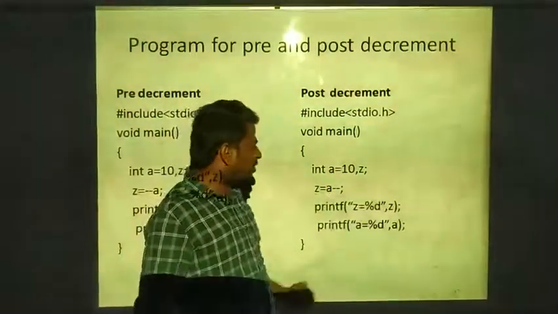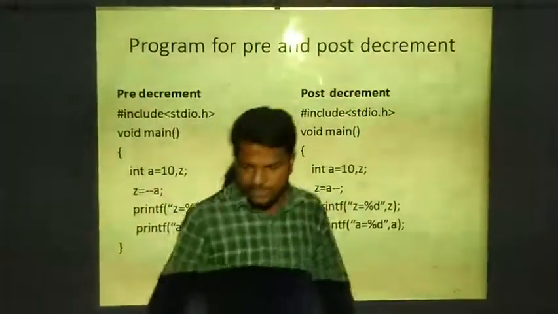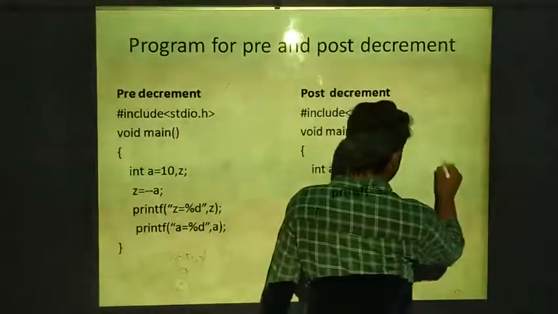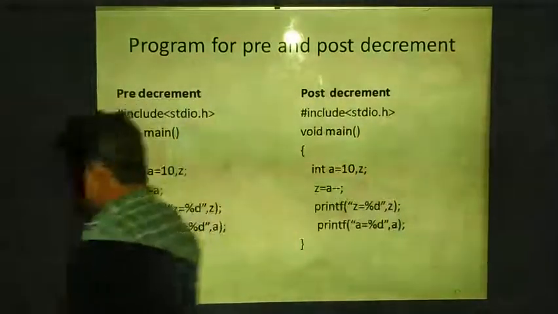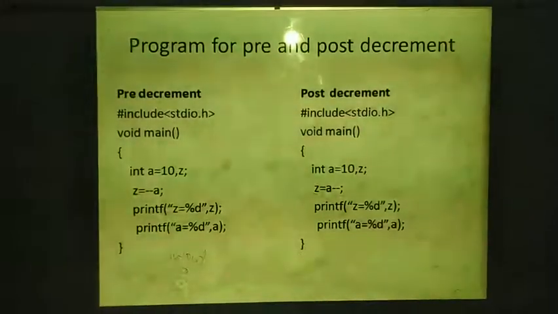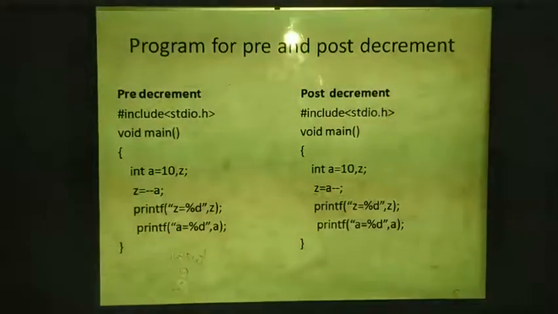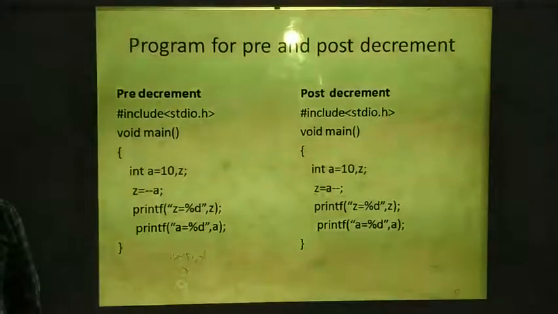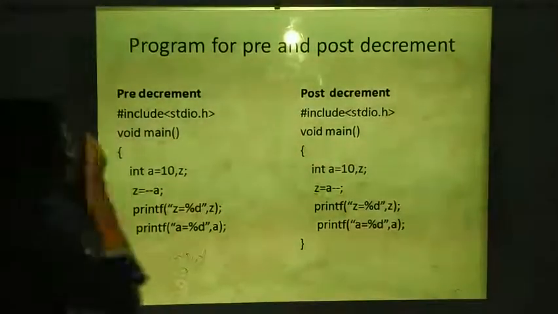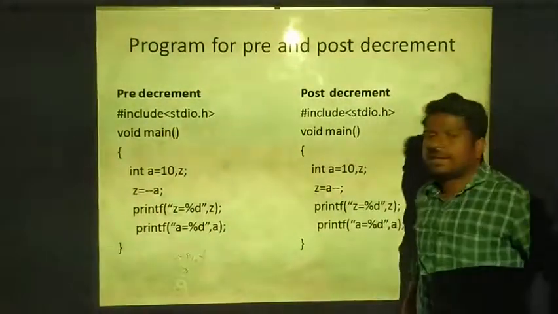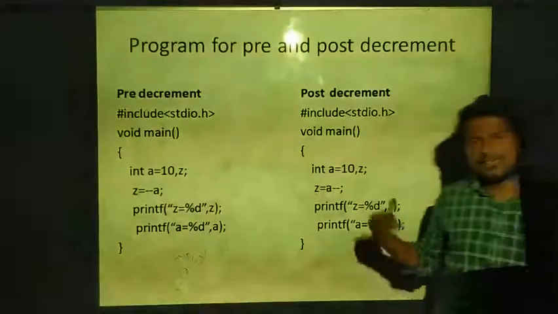So what output will you get? 10 and 9. So this is about pre and post decrement and increment operations.